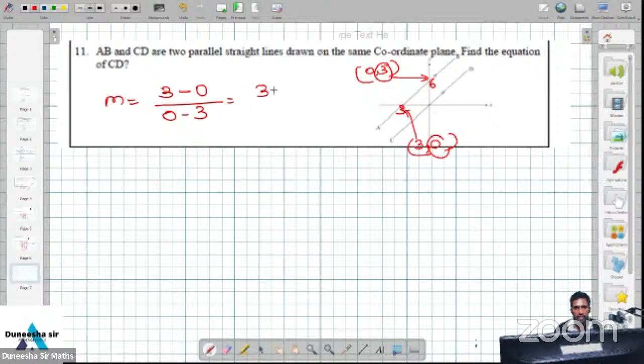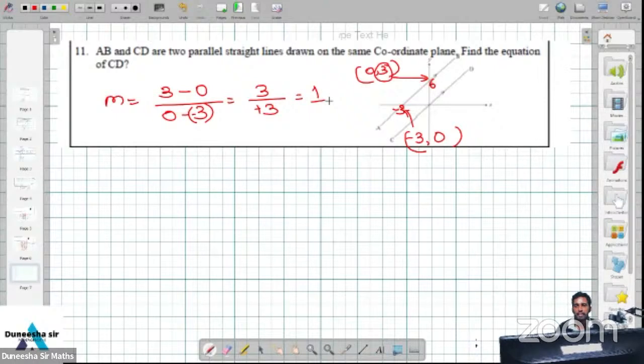Then 3, so මෙතන minus 3. Then minus 3, 0. Then minus minus you can get plus 3, it's equal to 1.